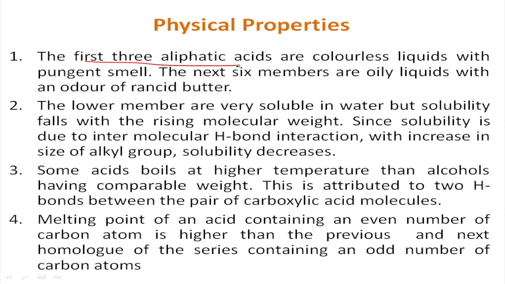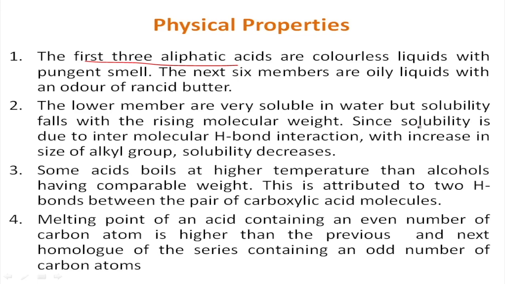The next six members, C4 to C9, are oily liquids with an odor of rancid butter. The lower member carboxylic acids C1, C2, C3 dissolve in water. With higher members, the carbon chain increases, the alkyl group increases, and solubility decreases, because intermolecular hydrogen bonding is lowered by steric interaction.